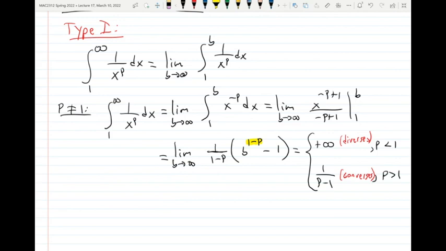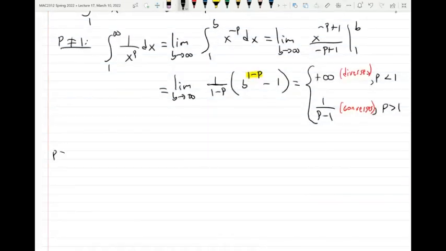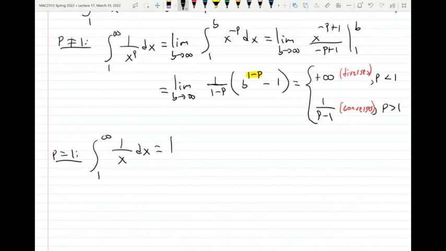Yes? Okay, so now the only thing that remains to analyze is what happens when p equals 1. So when p equals 1, we have the integral from 1 to infinity of 1 over x dx. So that would be the limit as b approaches infinity of this. Now this integral is ln, right?